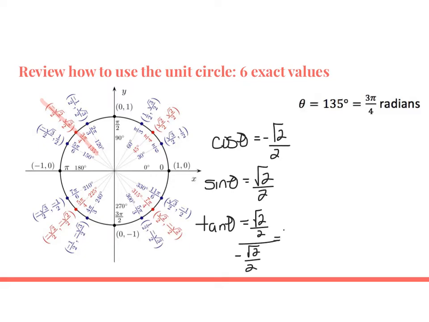Make sure you reduce your fractions. To find the other 3, we're going to take the reciprocals of these. The reciprocal of cosine is secant. This one needs to be rationalized.